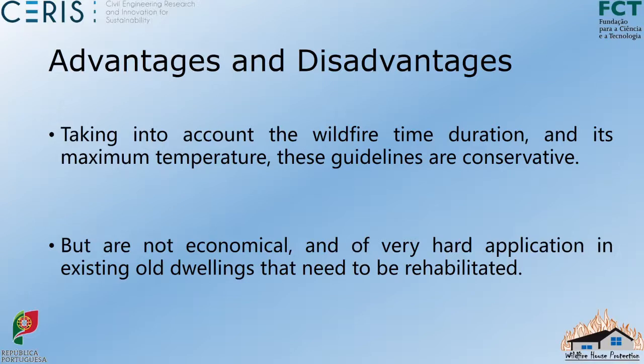And we will present a part 2 of recommendations which are more economical. Okay, so from this part of the project, we will present the existing guideline recommendations that are conservative but not economical. Okay, but you can still use them if you are interested in this. Although, as I told you, these are hard to apply in old dwellings because they are very conservative.